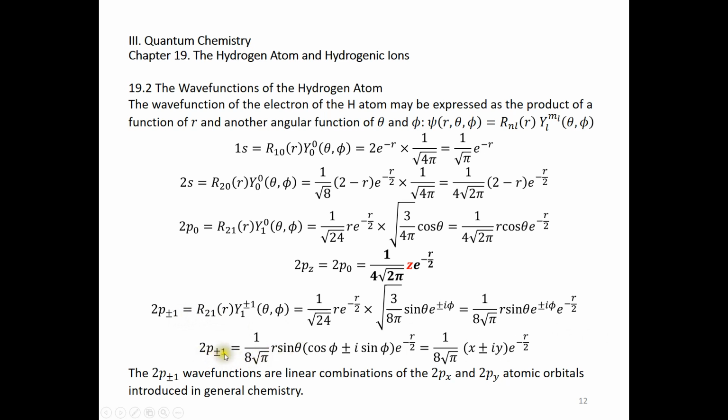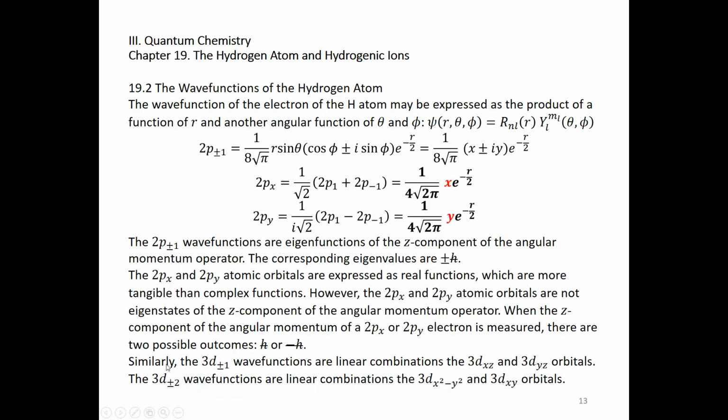So 2p plus minus 1 can be expressed as a normalization constant times x plus minus iy times the exponential function of e to the power of negative r over 2. Again, these two are linear combinations of px and py. And conversely, 2px and 2py are linear combinations of 2p plus minus 1.